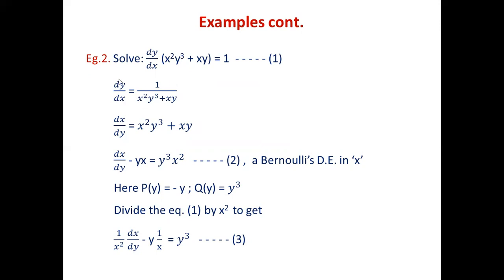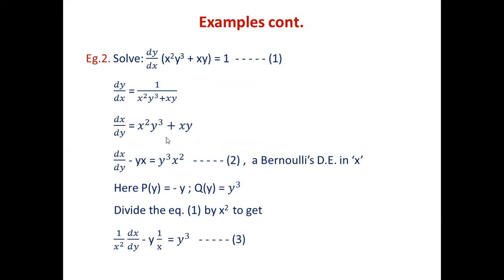So take the reciprocal of this equation, means you take the reciprocals of the terms on the left-hand side and right-hand side. So dy by dx reciprocal is dx by dy. Reciprocal of 1 by x square y cube plus xy is x square y cube plus xy. Now you have 3 terms.